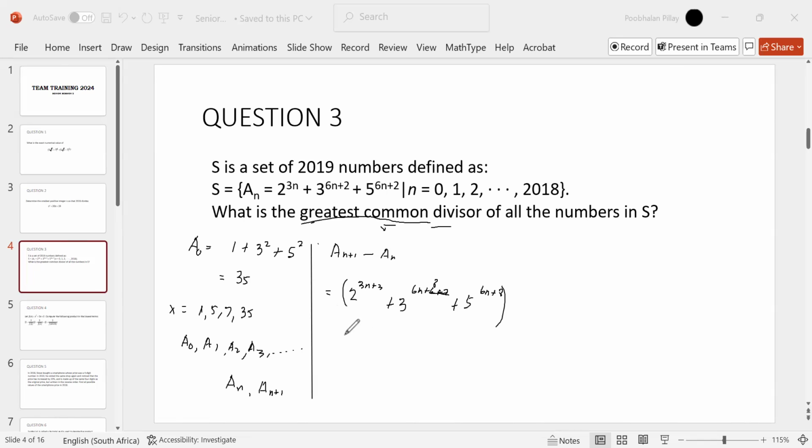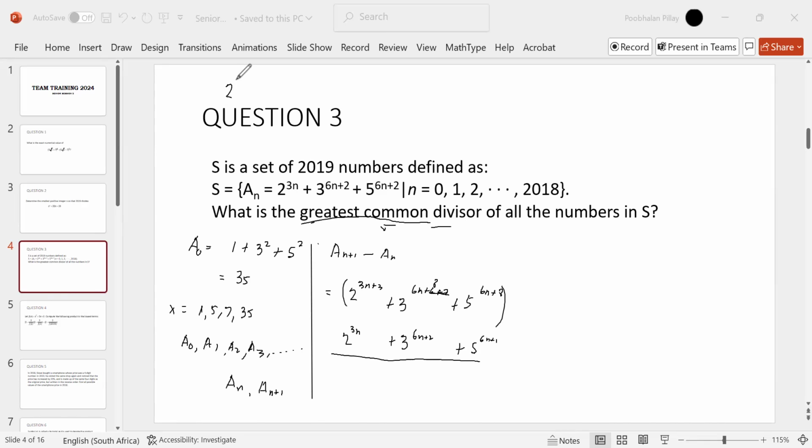I'm going to put 2 to the power of 3N underneath this, plus 3 to the power of 6N plus 2, plus 5 to the power of 6N plus 2. And I'm going to subtract these two things. That is AN plus 1 minus AN. Now, this minus this. So what have we got?